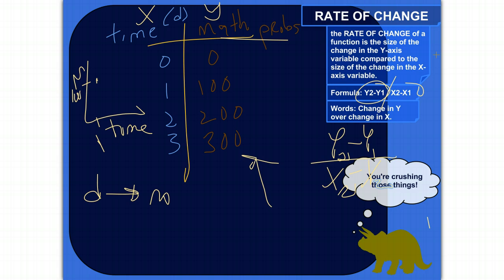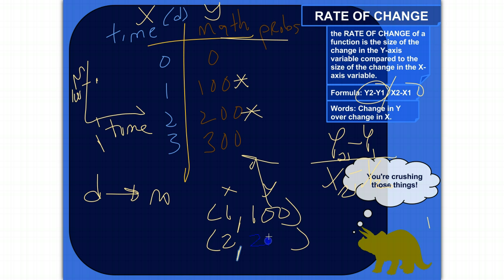Okay, so I'll show you what we'll do. So let's just pick 2 points, that one and that one. Okay, so I like to write it like this. So the first one, let's write like that, where we have our x coordinate and our y coordinate, and then our second one like that.